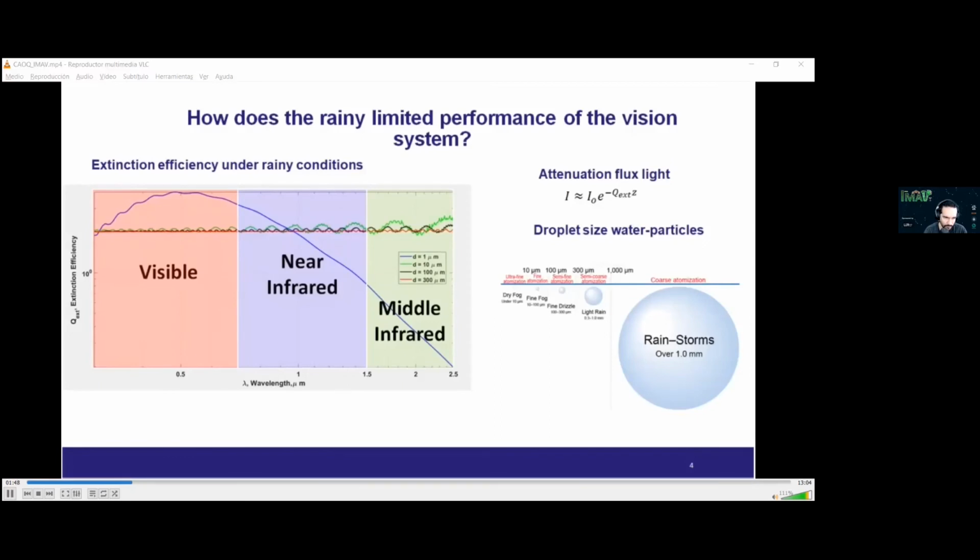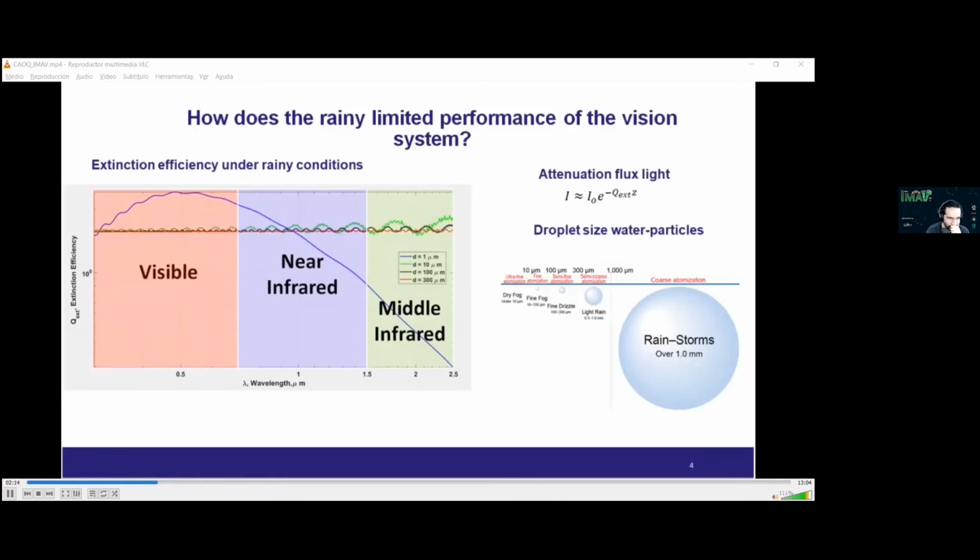When light interacts with water particles, there are various physical phenomena occurring: reflection, refraction, absorption, and scattering. These effects degrade the light level due to a decreased number of photons detected by the photodetector in the vision system. We can see the attenuation of light flux for different raining conditions related to extinction efficiency.